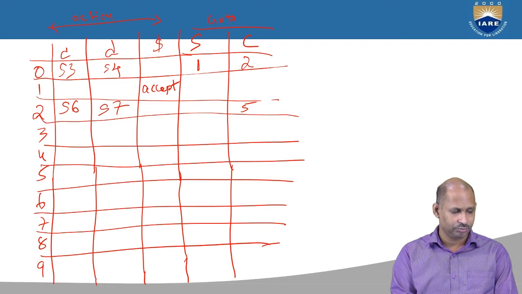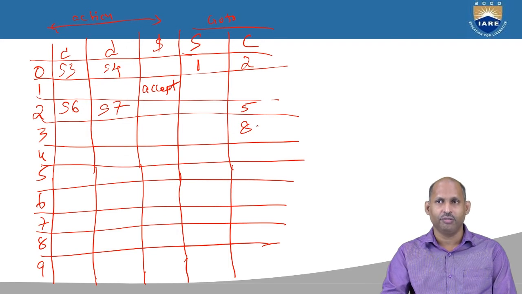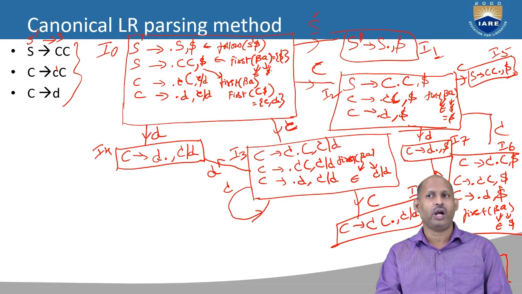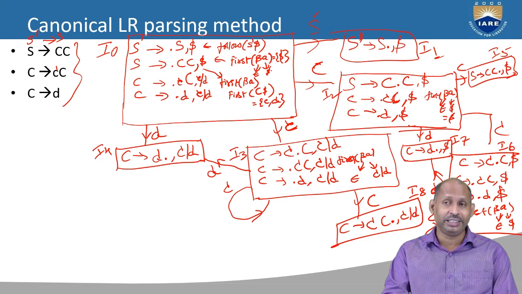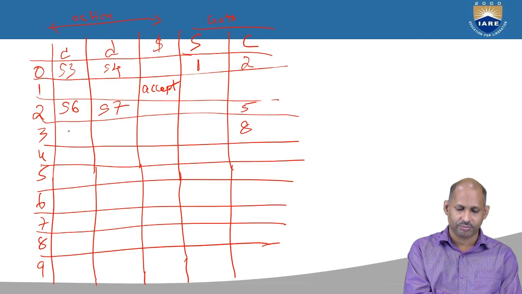Terminal C, same row, so it will be I3 only, S3.